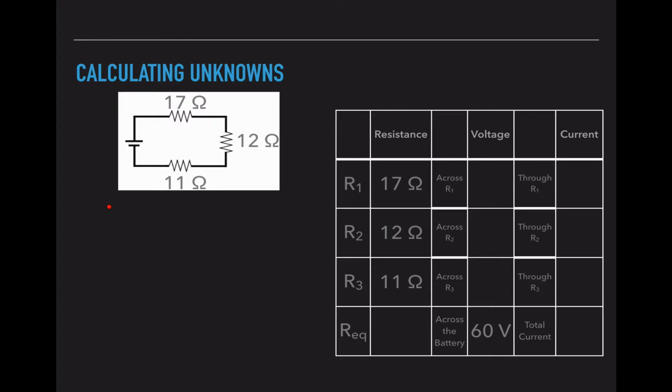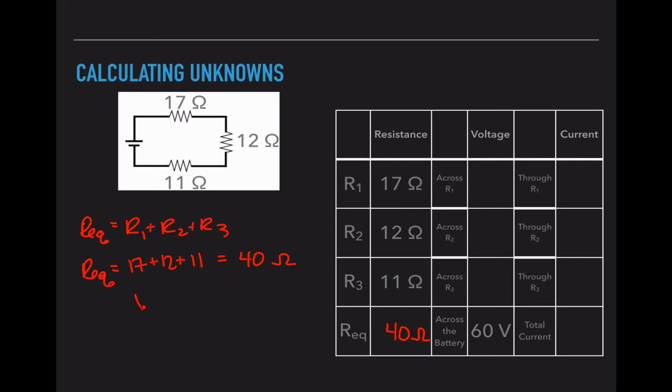So when I add these up, my Req is R1 plus R2 plus R3. So my Req is 17 plus 12 plus 11, which is equal to 40 ohms. So I'm going to plug 40 into this table right here to make it nice and neat.